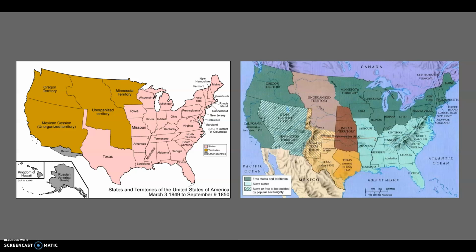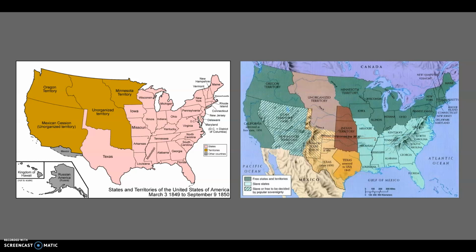So, in this time period, 1848 to 1854, there was a lot of sectionalism, and there was the huge issue of slavery. In the Compromise of 1850, we organized the Mexican Cession Territory.